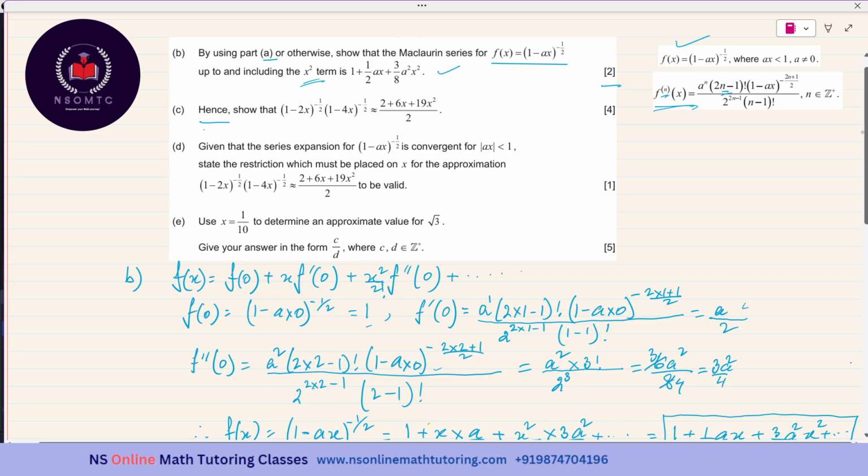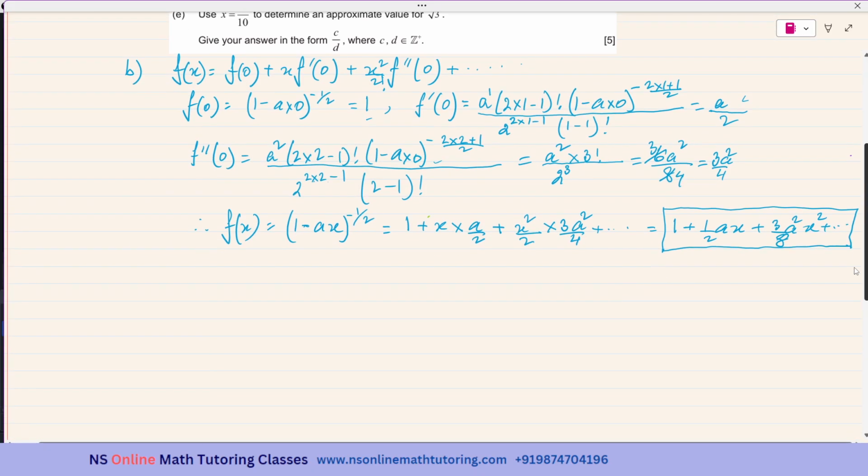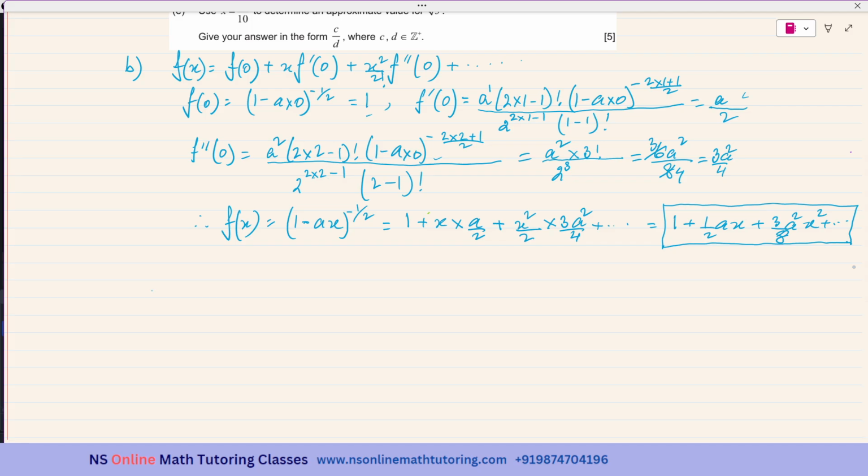Subpart C. Hence, show that 1 minus 2x raised to the power of negative half times 1 minus 4x raised to the power of negative half is this thing. There is a common denominator of 2 and we are having terms up to x squared. So, 1 minus 2x raised to the power of negative half.